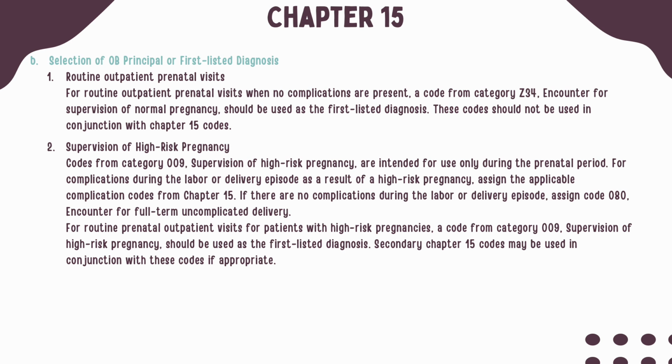If there are no complications during labor or delivery, code O80 should be assigned for encounter for full-term uncomplicated delivery. If the encounter is for routine outpatient visits for a patient with high-risk pregnancies, a code from category O09 should be assigned, followed by codes from Chapter 15 to represent any complications that are present.